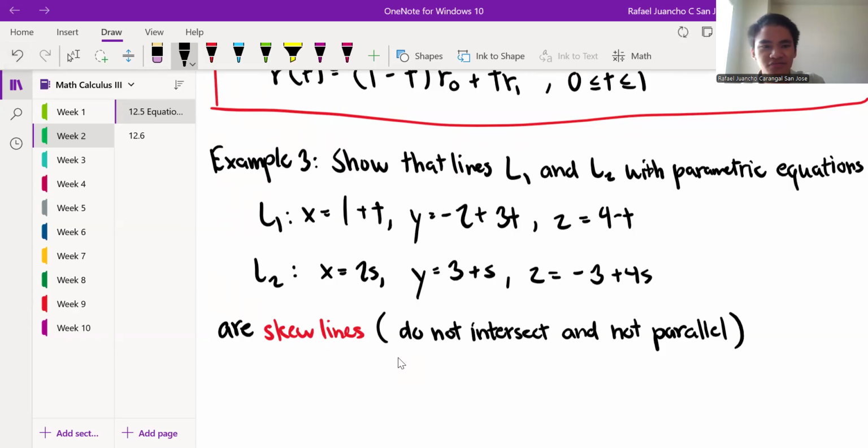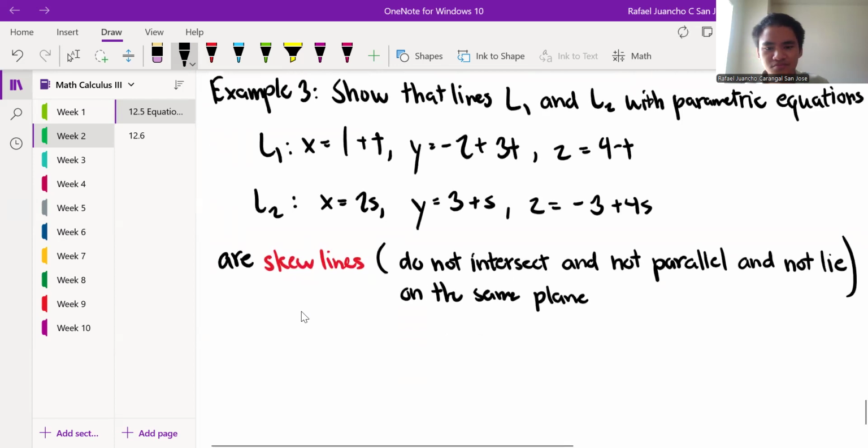Oh, another thing, if they don't intersect and they're not parallel, they also don't lie on the same plane. Interesting stuff here. Okay.